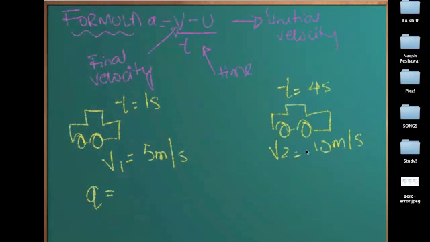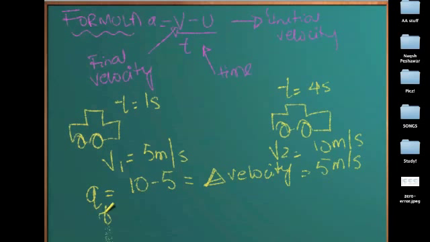But if we want to find out the numerical value of the acceleration, what we will do is we will put the final value of velocity here, 10 minus 5, final velocity minus initial velocity. This gives me the change in velocity. This sign shows change. This gives me a change in velocity, which is 5 meters per second.